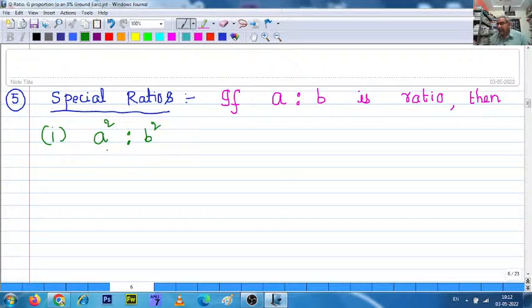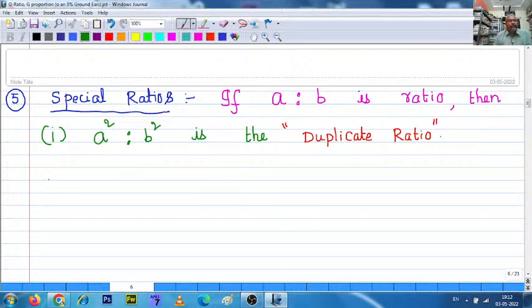A square is to B square is called the duplicate ratio of A is to B. My dear aspirants, please try to understand what the duplicate ratio of A is to B is. Yes, A square is to B square.